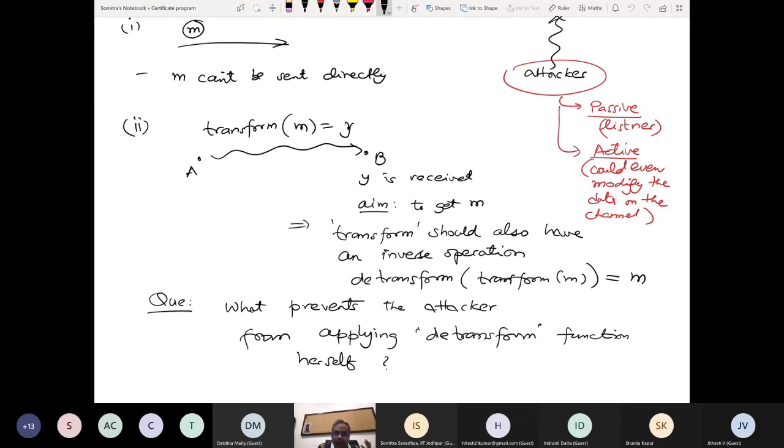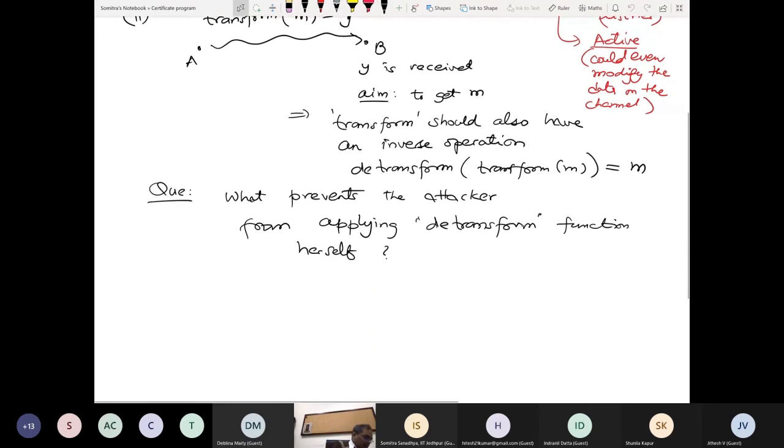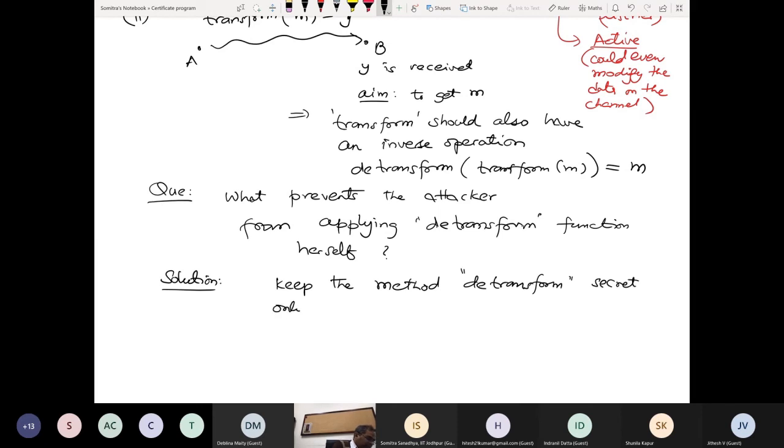So you realize, how do you prevent this kind of basic stuff? One solution is to keep the method, the D transform, secret, only between A and B. So only these two people know, nobody else knows.